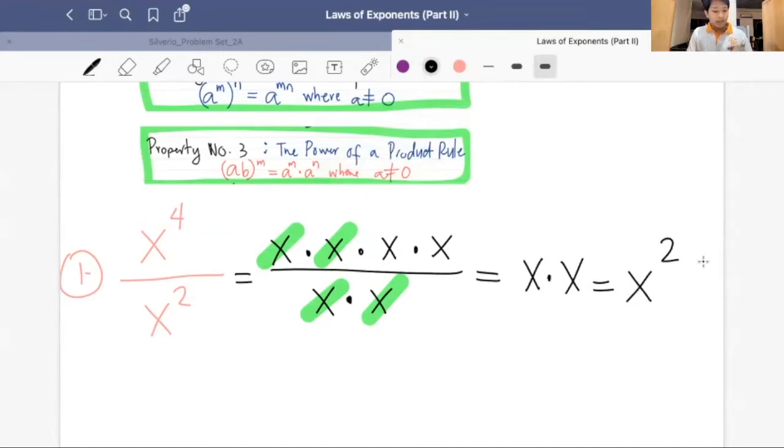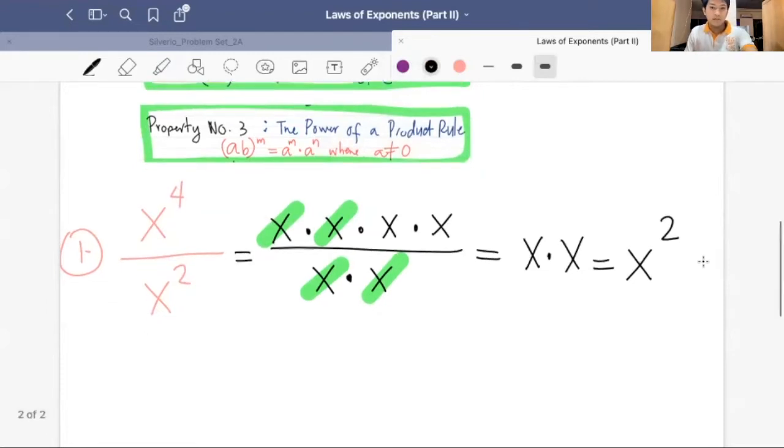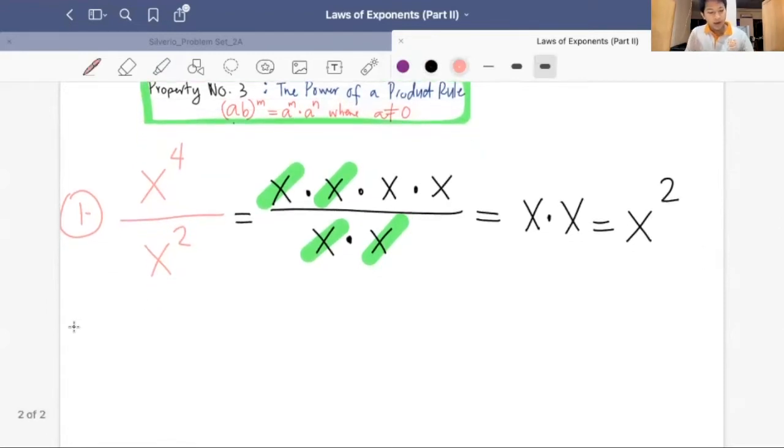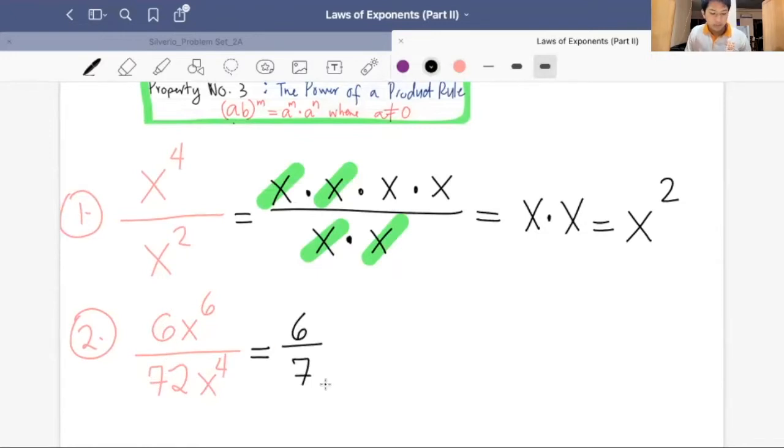All right. Next one, another illustration. If I have 6x to the 6 divided by 72x to the fourth, all right? Again, in this case, we have a numerical coefficient for x to the 6, and that is 6. And for the x to the fourth, we have 72 as our numerical coefficient. 6 over 72, right?